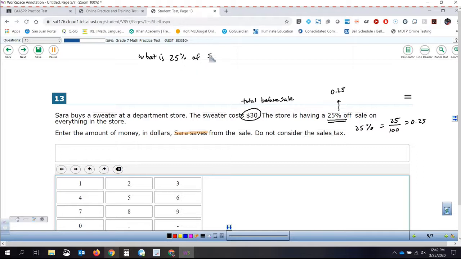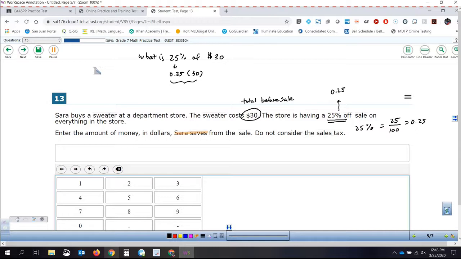of $30? And to do that, we're going to take that 25% like we already did, and we're going to write it as 0.25. And seeing that word of, that is our clue that we are going to multiply. So we're going to do 30 times 0.25.